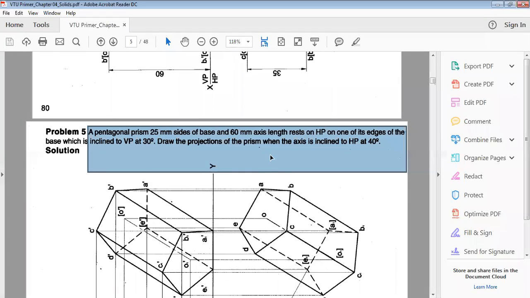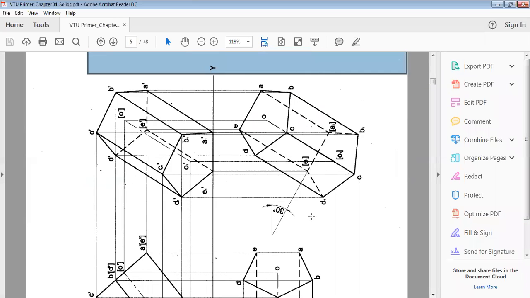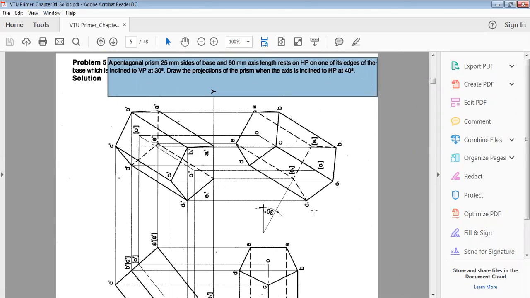Draw the projections of the prism when the axis is inclined to HP at 40 degrees. So this is what is given, friends. Now using this, we'll solve the problem. We'll find out and solve it on the Solid Edge software.